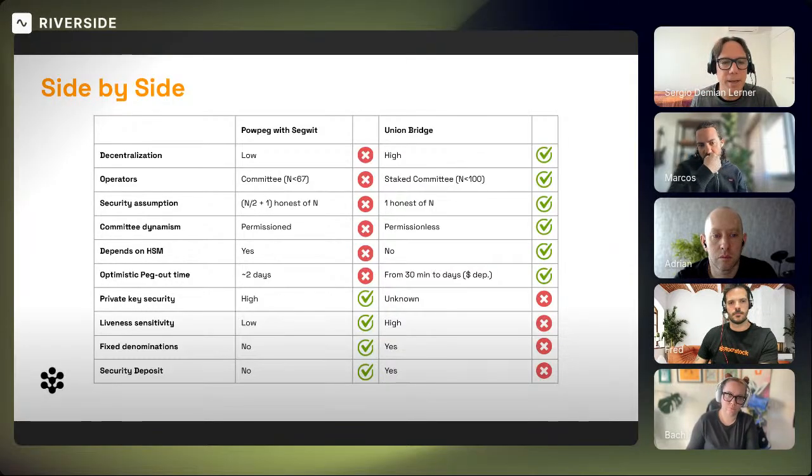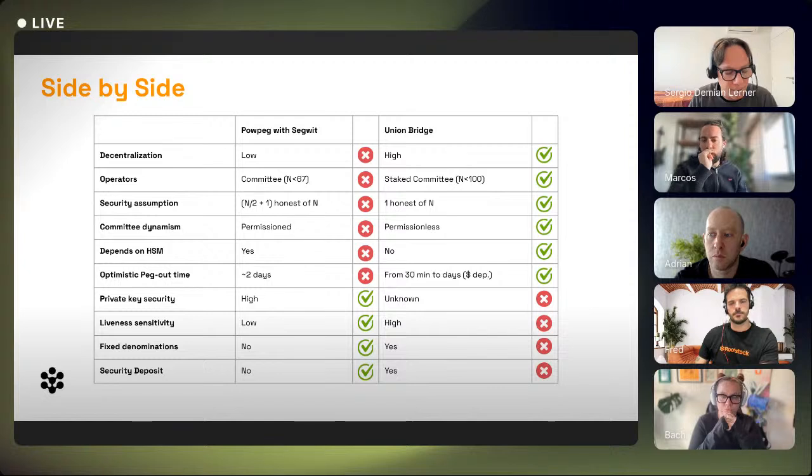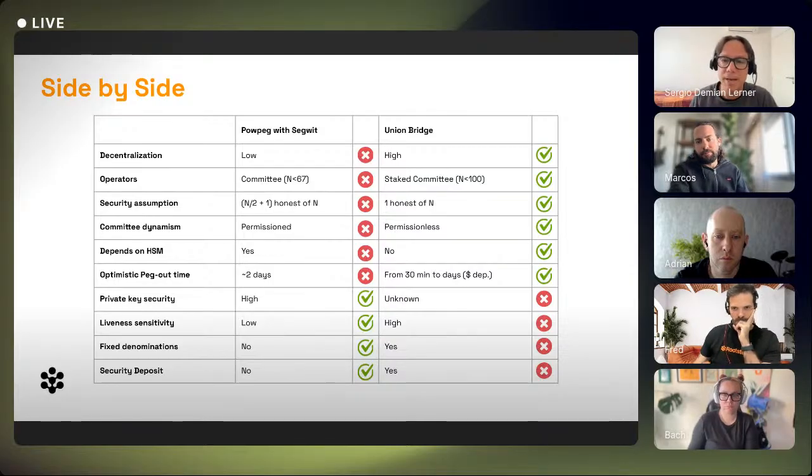Currently, the current PowPeg allows us to do 20 with the new RSKIP, and obviously almost 60 with some improvements that we have in the pipeline. But with the Union Bridge, we can get to 100 or more. Okay, so we can even make it more decentralized, permissionless, and bigger in size. And we have this new security assumption where we only need one of the N to be honest.